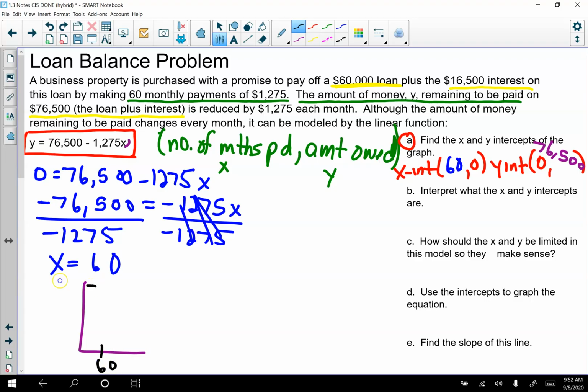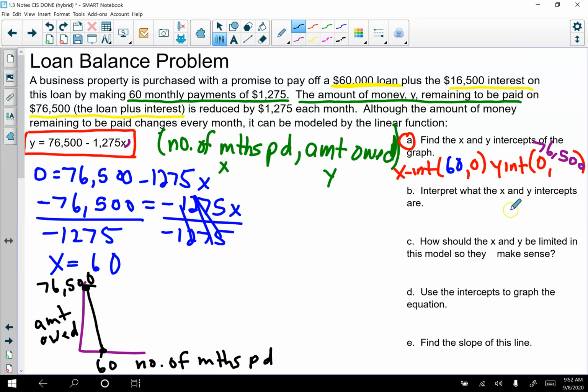And I'm going to put the other one up here, so that's going to be 76,500. Put a point here and a point here, and it wouldn't make sense to have a negative number. And remember, this is the number of months paid. I'm doing this before I answer B because it makes more sense when you're looking at the graph. And this is the amount owed.